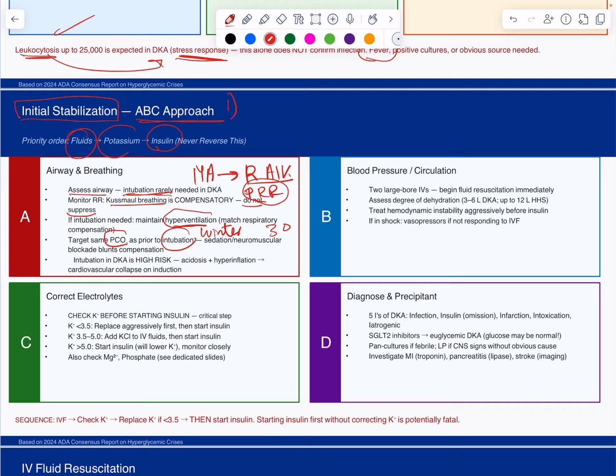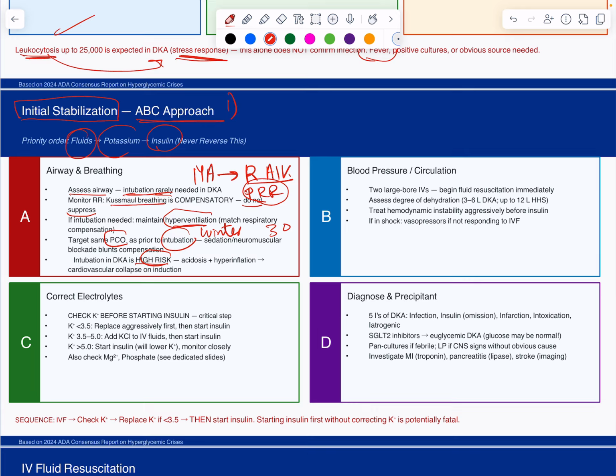Sometimes the problem with intubation is that it will be very high risk, because usually these patients can compensate pretty well. And when you try to sedate this patient, give a neuromuscular blocker, or just the intubation process, this can slow down the respiratory compensation. So usually intubation in DKA is very high risk, so try to avoid this as much as you can.